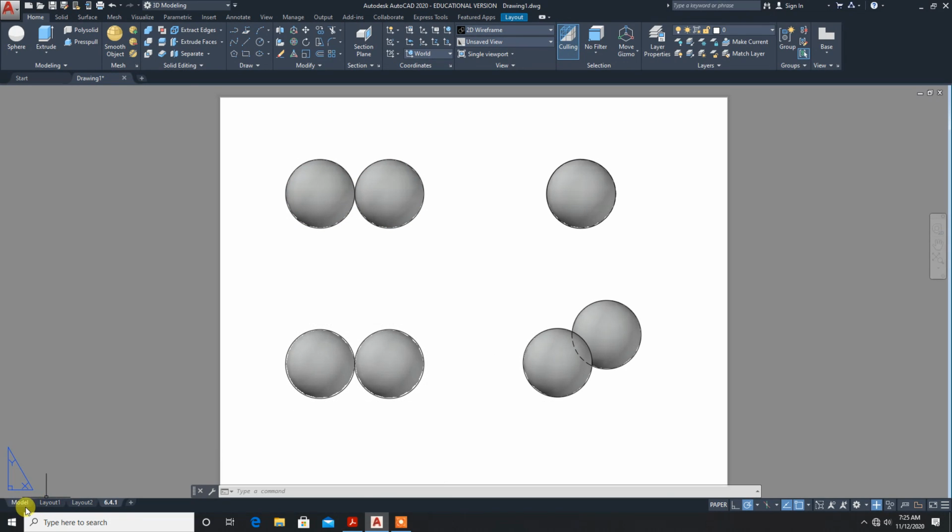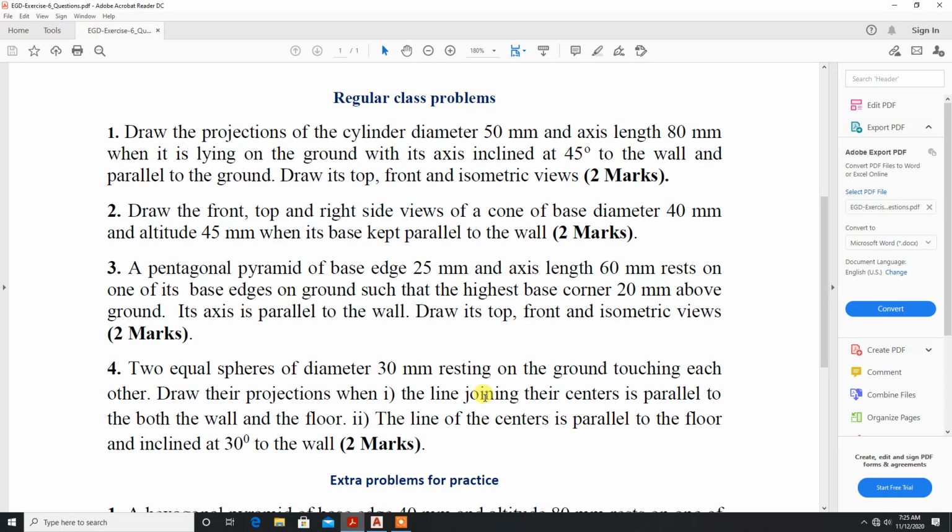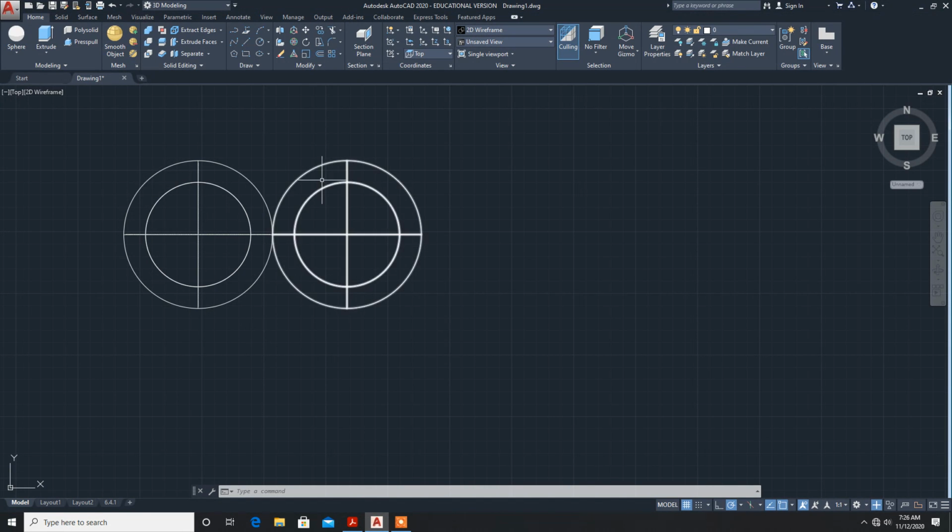Next one, model. So next condition is the line of the centers is parallel to the floor and inclined at 30 degrees to the wall. Up to here is the same scenario; we have to rotate this by 30 degrees.